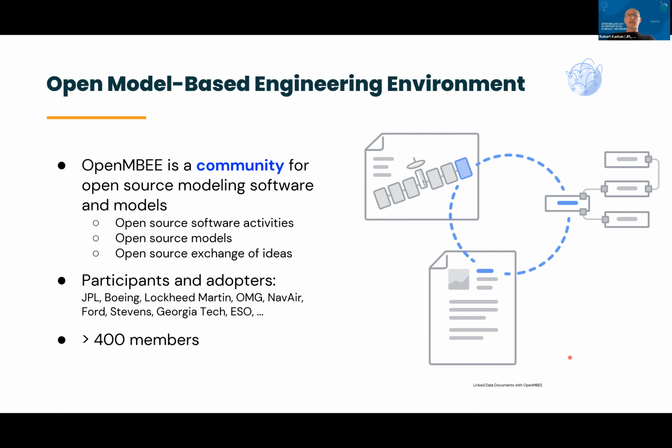You'll hear later more in the tutorial that will be given, but just briefly, the concept in OpenMBE is to close this gap between engineering model and documentation, right? I mean, 20 years ago, everyone was running around saying model-based systems engineering, the documents will disappear, we will be free, we'll have only models, right? And we were all wrong. Documents still exist, and they will always exist, right?